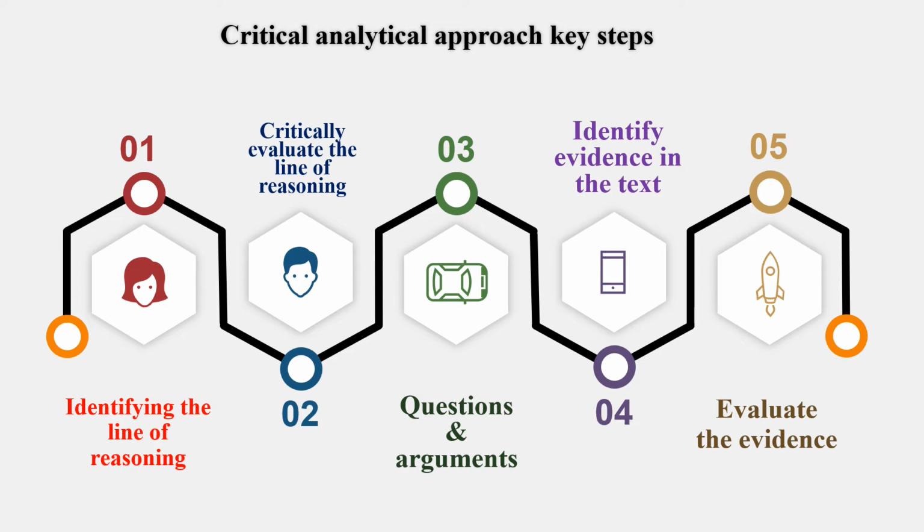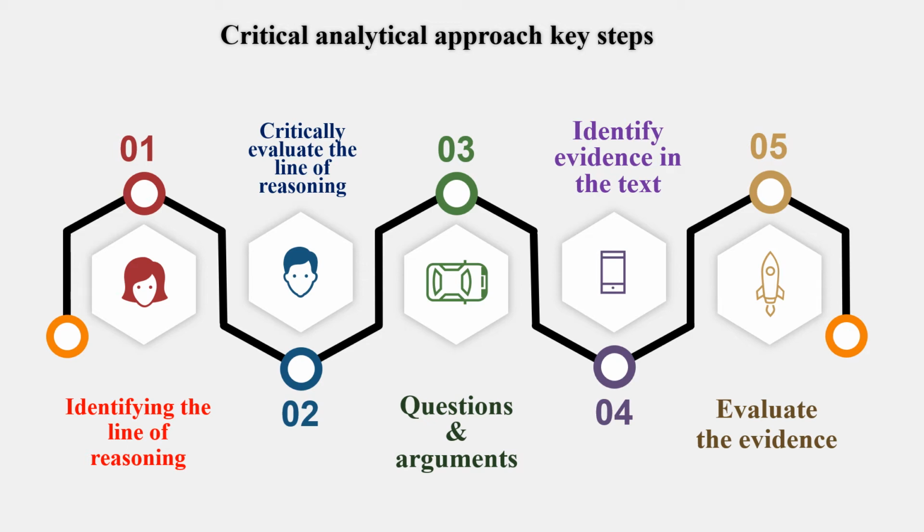The second step is to critically evaluate the line of reasoning. You need to criticize the line of reasoning very well and discover the argument. Is it acceptable or not acceptable, does it fit your convictions or persuasion about a specific field of study, such as foundations of education, or is it not acceptable to your community or your convictions?